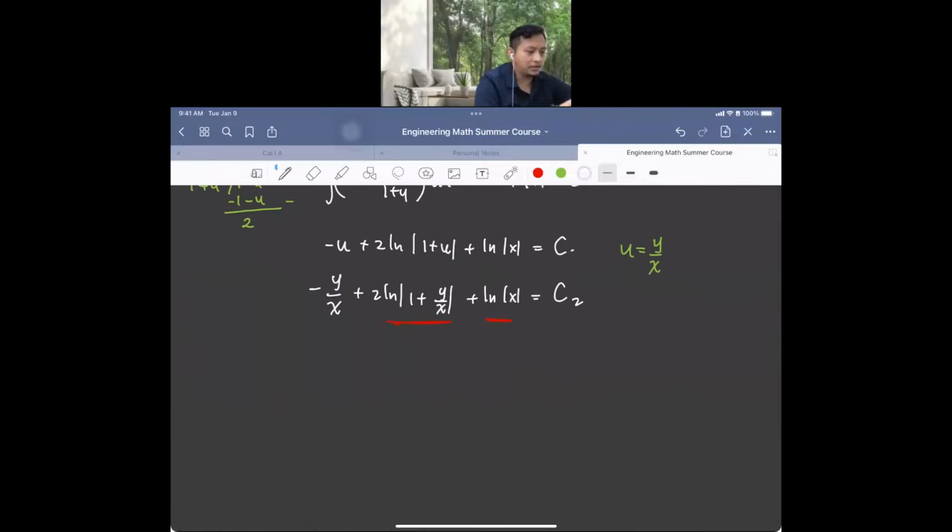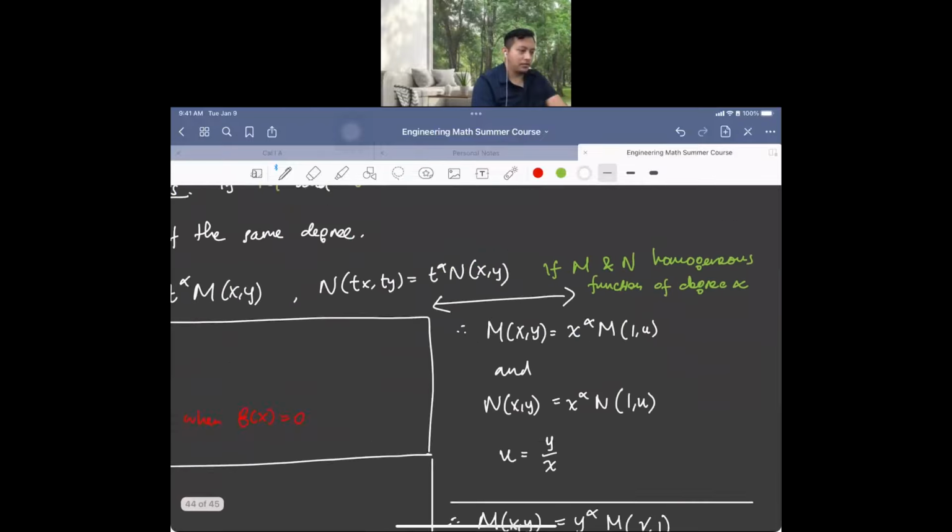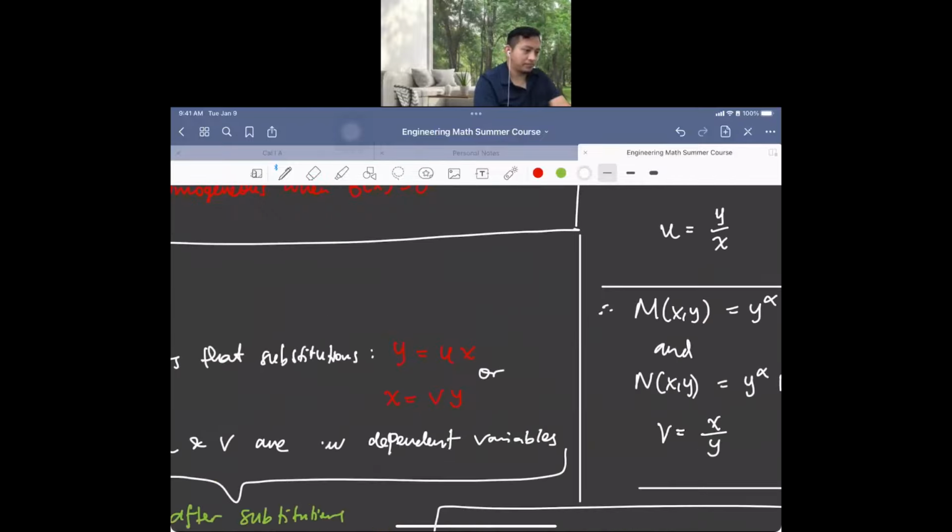Okay. So the idea behind the substitutions is you can use y over x and change it to u, or you can also use y for substitution with v. Let me give you this practical use. You can take y equals ux or x equals vy to substitute into your equations.